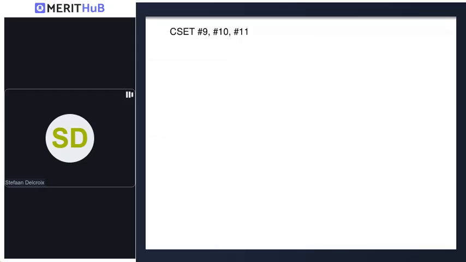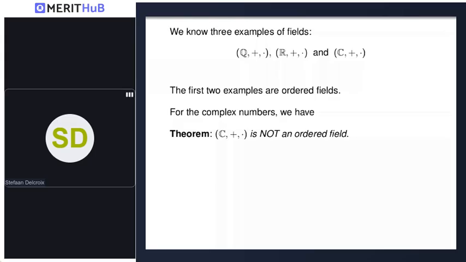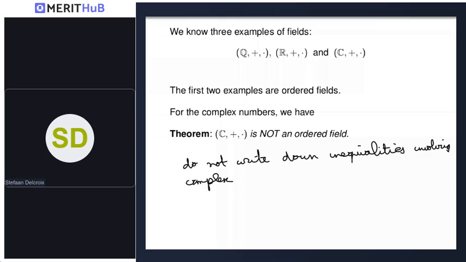So that means do not write down inequalities involving complex numbers. So, for example, 2 plus 3i is less than 7 plus 5i.